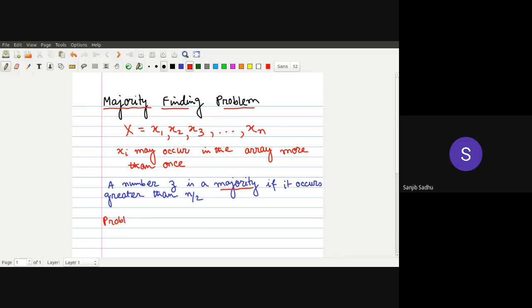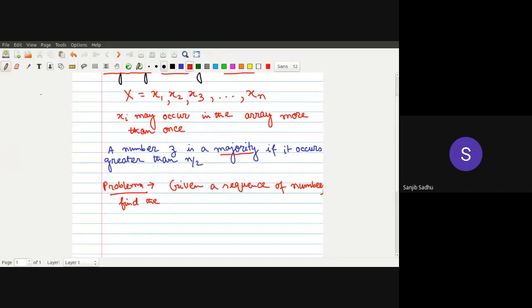The formal problem is that, given a sequence of numbers, find the majority in the sequence.